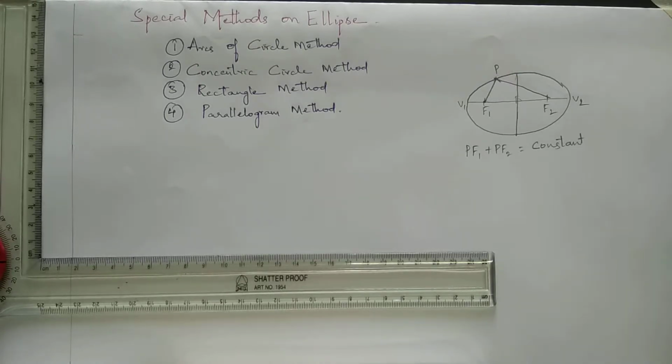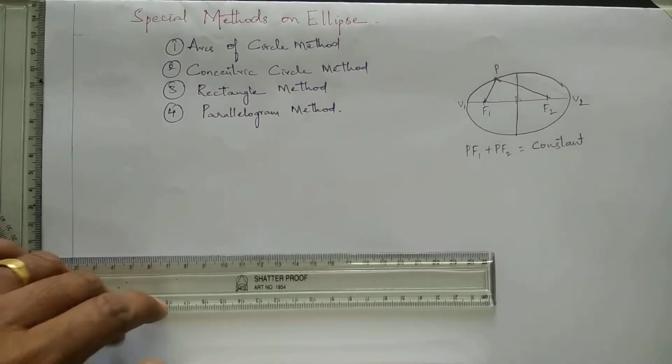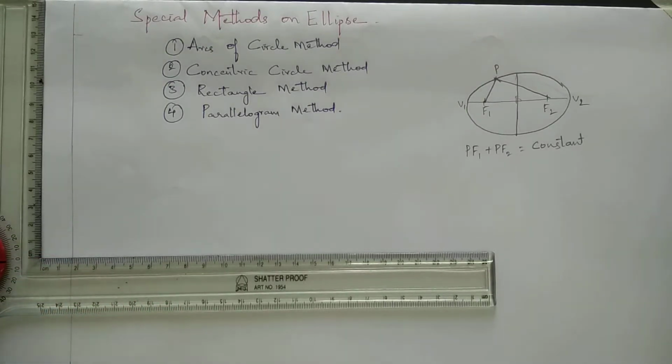For this, I am going to give you a question. Based on this, how do we go ahead with drawing the ellipse by using the arcs of circle method? Let me take a question here.